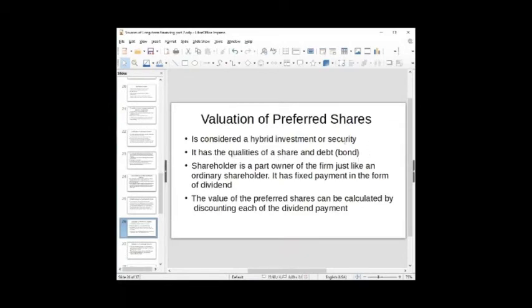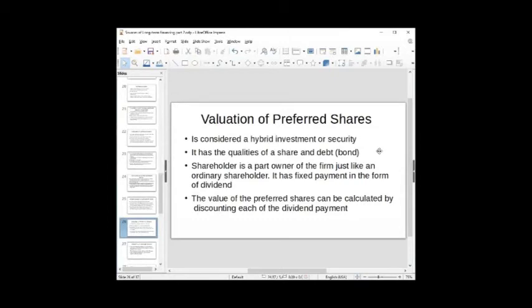It's just like a bond, but it is not a bond, it is a share. We are talking about the qualities because of the payment of regular dividends. The shareholder is a part owner of the firm, just like an ordinary shareholder, though they have a fixed payment in the form of dividends.